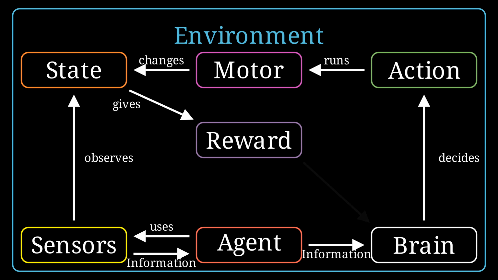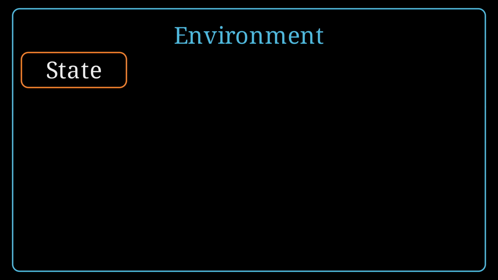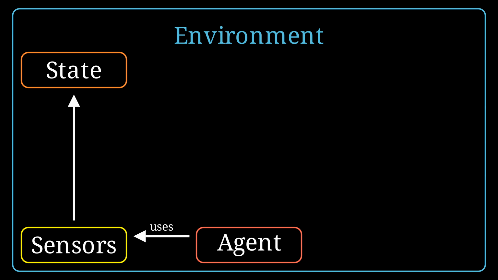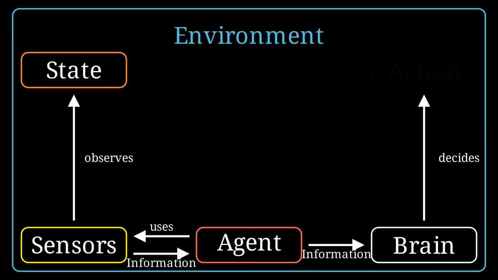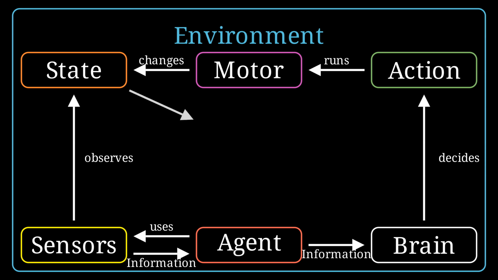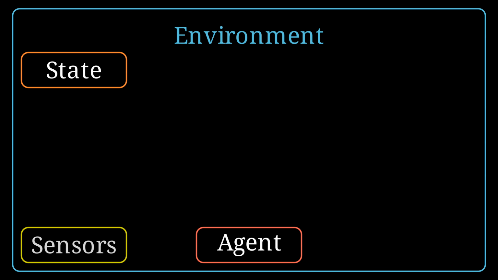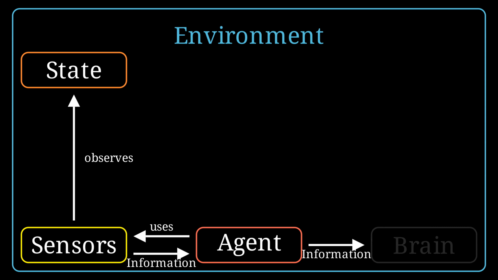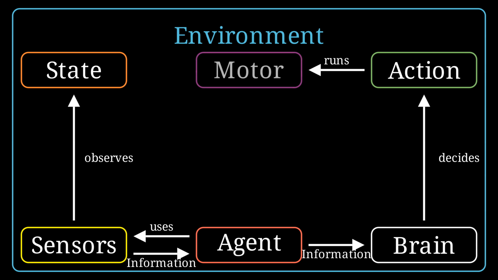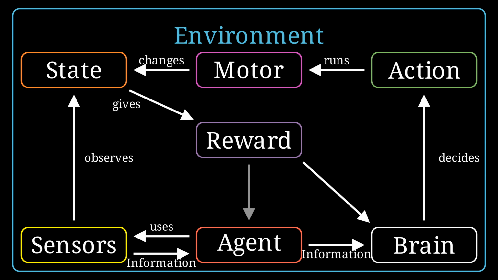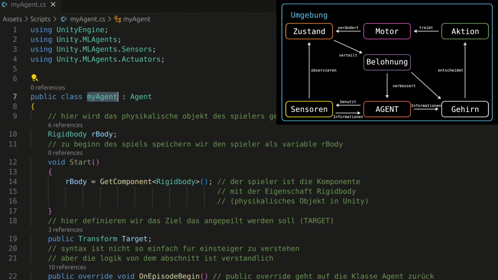And for every step, the Unity Machine Learning Agents environment will give us the necessary tools to make measurements, to perform actions, and to train the neural network. So now let's get started with scripting by using the Agent class of Unity.